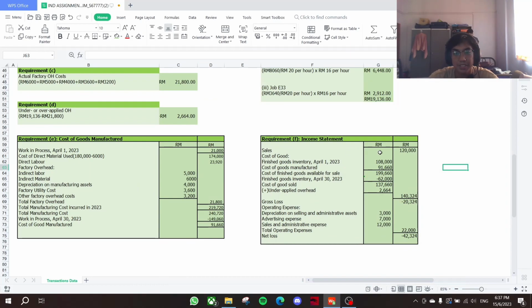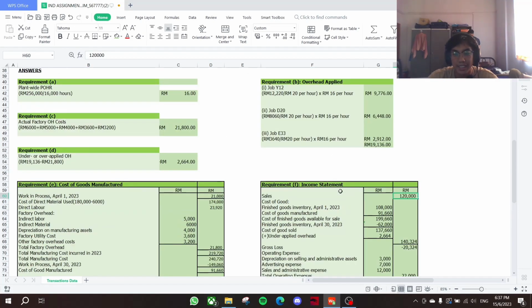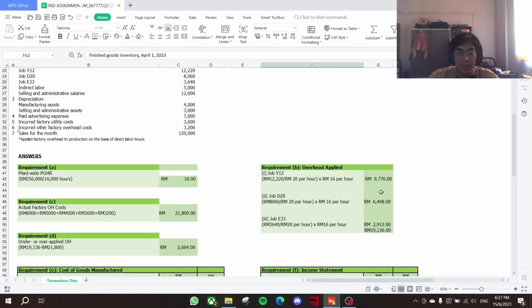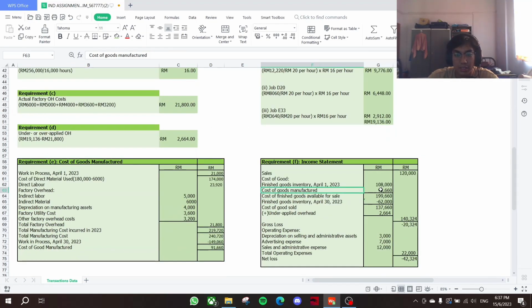So for the income statement, we got sales 120,000, and the beginning finished goods inventory is 108,000. The cost of goods manufactured is 91,660. So the cost of finished goods available for sale is 199,660.